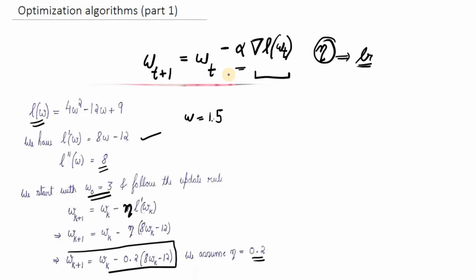So this is the gradient updation rule. We know that the gradient of L with respect to W_t is given as 8 times Wt minus 12. Wt will be known in some way, and once we know it, we will use this updation rule to update the value of W in successive iterations. Here k refers to the number of steps.